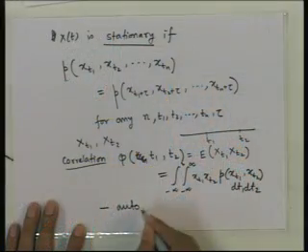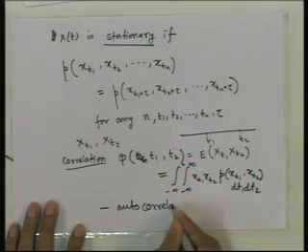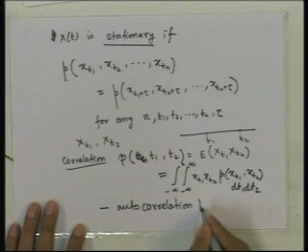So, this is called the autocorrelation function of the random process that we are considering.